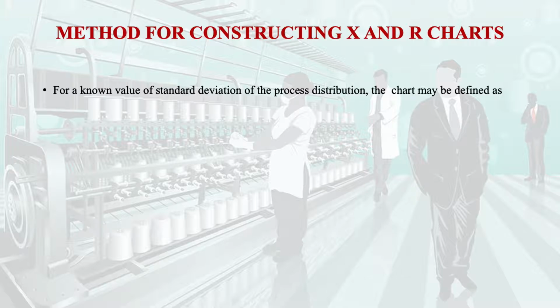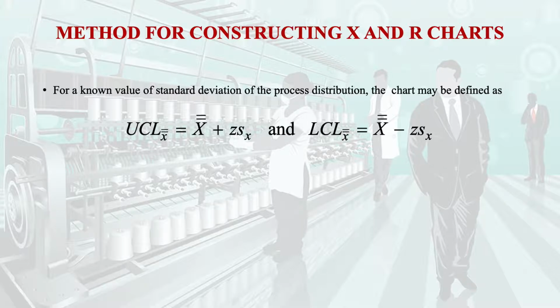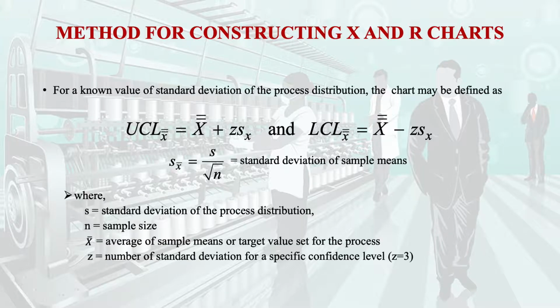For a known value of the standard deviation of the process distribution, the chart may be defined as follows: UCL is equal to X double bar plus Z times Sx, and the lower control limit is equal to X double bar minus Z times Sx, where Sx is the standard deviation of the sample means. Other parameters are defined below.